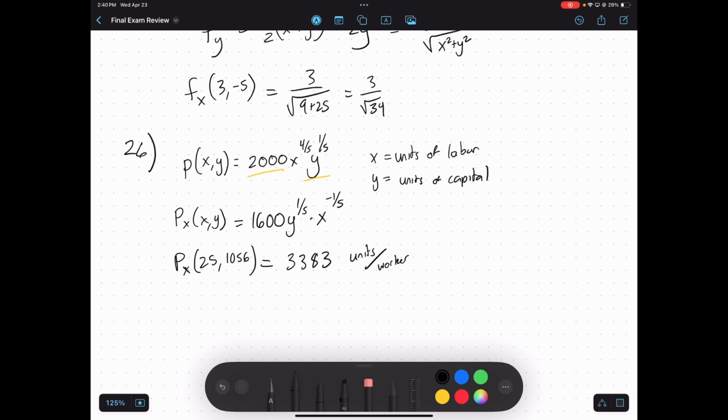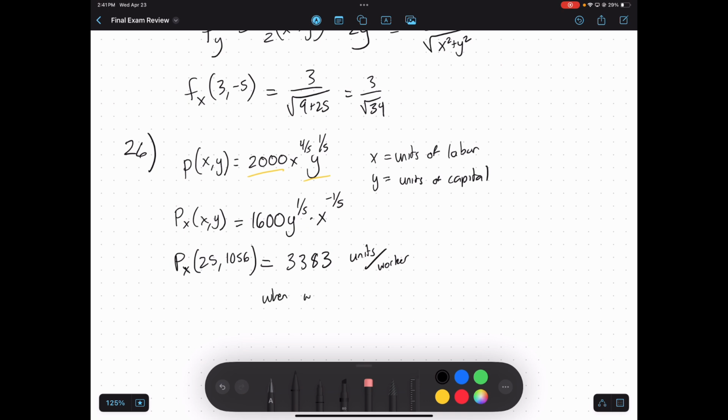But another thing to keep in mind, though, is this is at a specific point in your production process. When hiring one more worker, when hiring 26. Right. We already have 25 workers, and this is what's going to happen if we hire a 26th worker. So what are we assuming? We're assuming we're already at 25 workers.